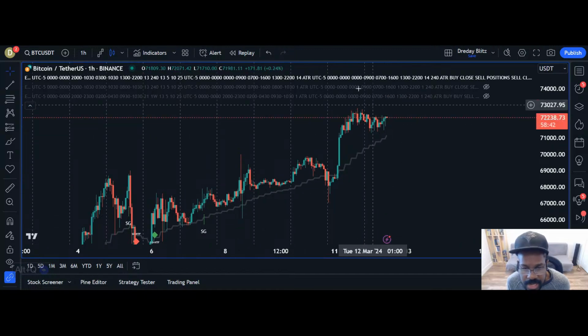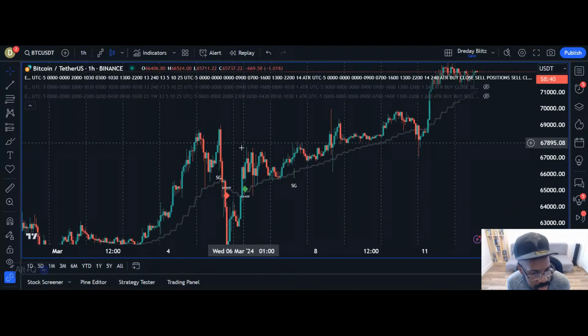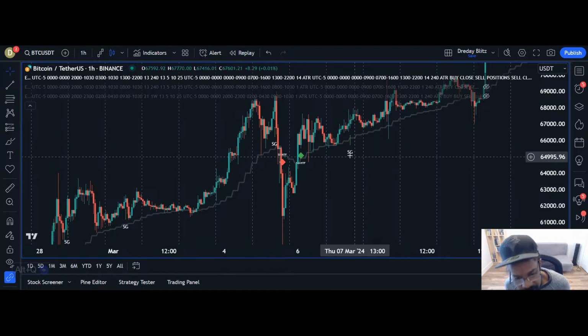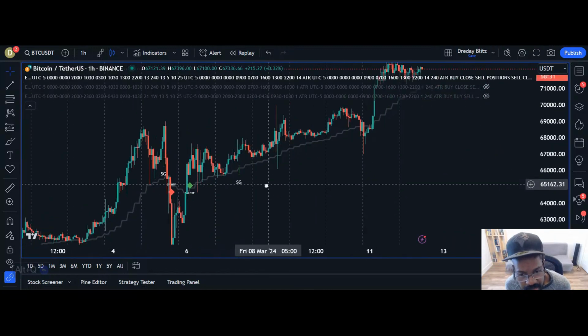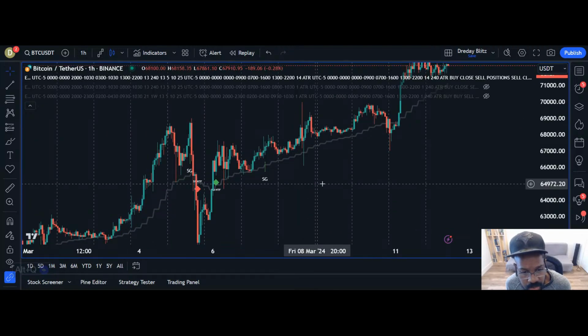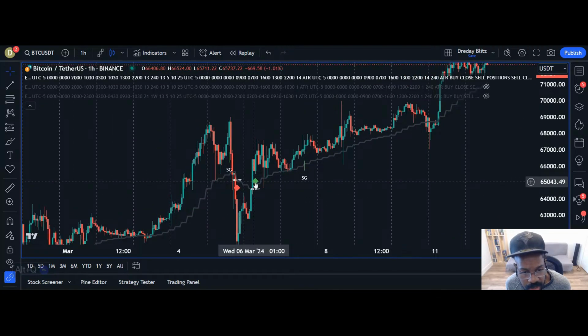And right now, there's no indication that it's going down. So as long as you don't see a higher time frame switching red, that means that the market is still pushing, and you would have held on to that trade since Wednesday, the 6th.